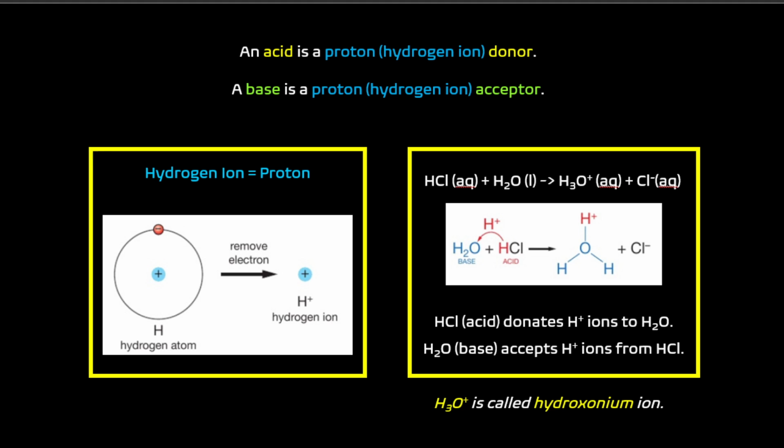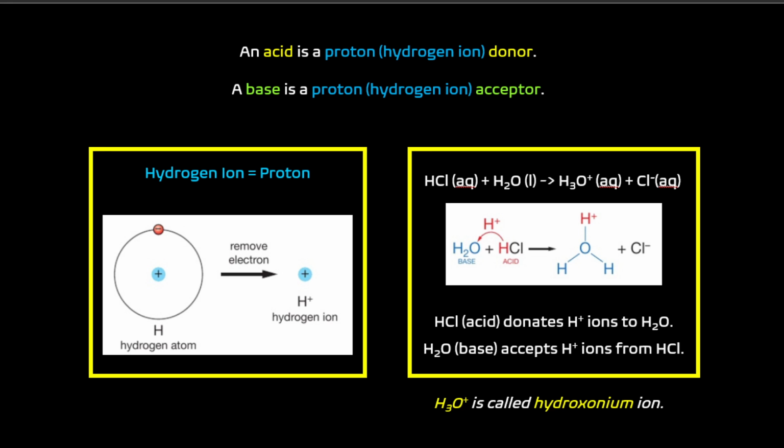Okay, so an acid is a proton or hydrogen ion donor, and a base is a proton or hydrogen ion acceptor. So before anything else, I would like to talk about why a hydrogen ion is called a proton.